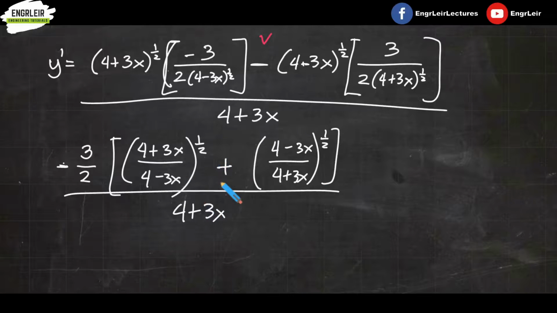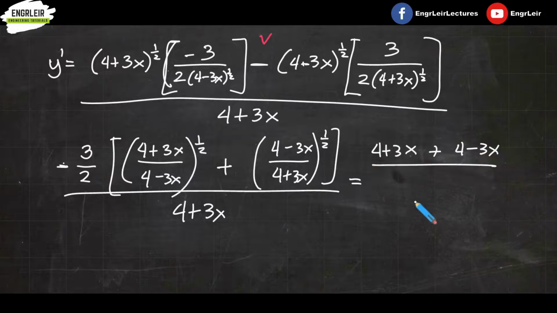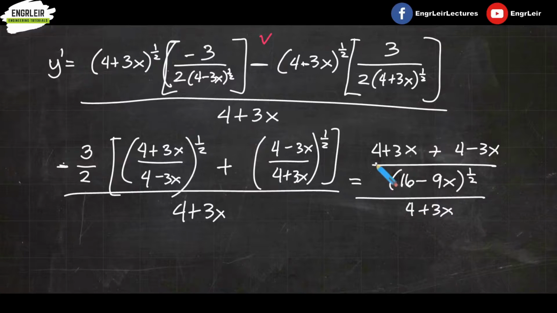So ito, what I can do is I can cross multiply and multiply the denominators. So magiging 4 plus 3x plus 4 minus 3x divided by, let's see, times tong dalawa. This is 16 minus 9x raised to 1 half. Then we have 4 plus 3x. Then, naka-multiply ng negative 3 over 2.